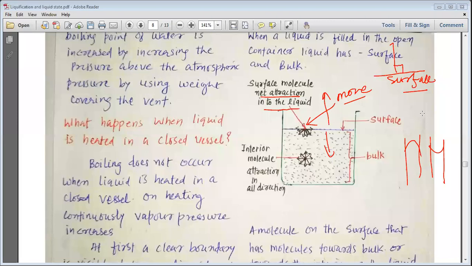At the same time, due to the effect of gravity, these spherical droplets are sometimes or majorly flattened at the bottom. So this is how, my dear students, we understand the various effects as well as the various properties of the surface tension.